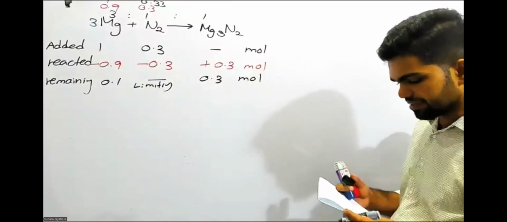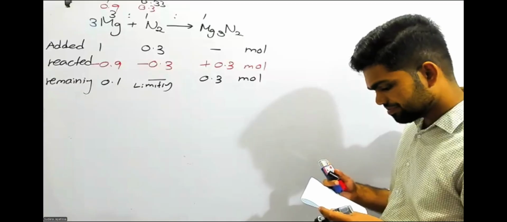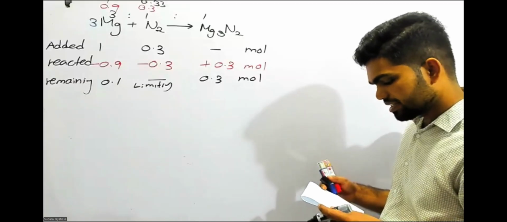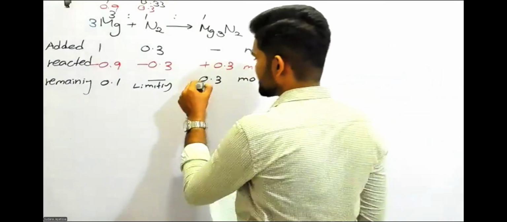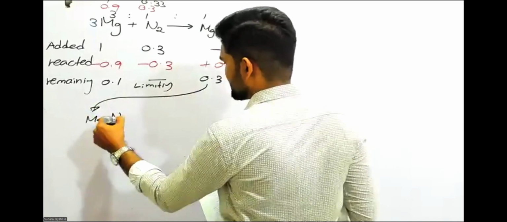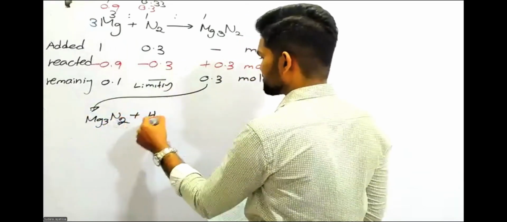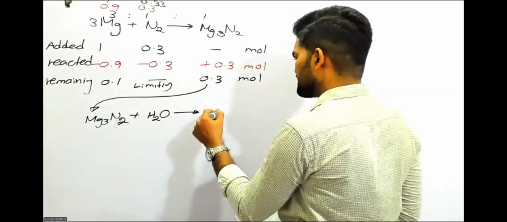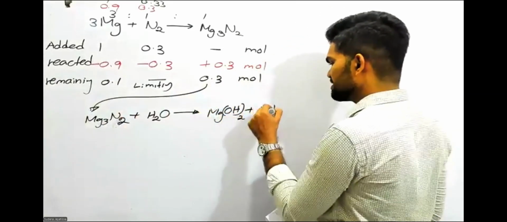Okay, now the next thing. The formed magnesium nitride is treated with excess water to form magnesium hydroxide and ammonia. So now this amount of Mg3N2 that was formed, we are adding water, and magnesium hydroxide and ammonia gas are formed.